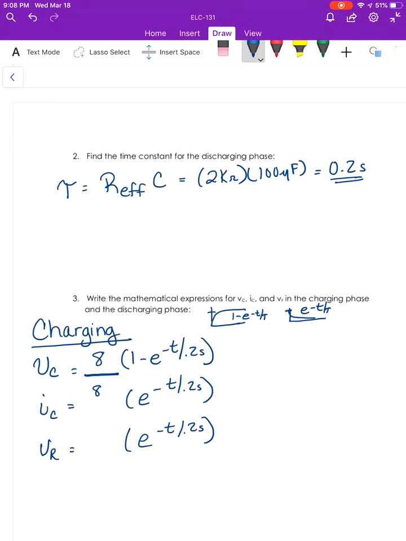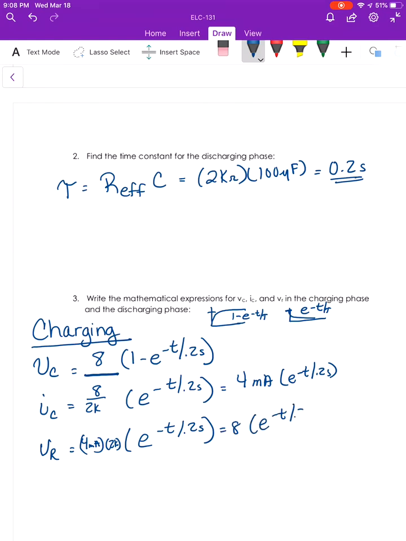Okay, so 8 volts over 2K, which of course will be our 4 milliamps. And V sub R will be that 4 milliamps times R, which is 2K, which is simply 8 volts.